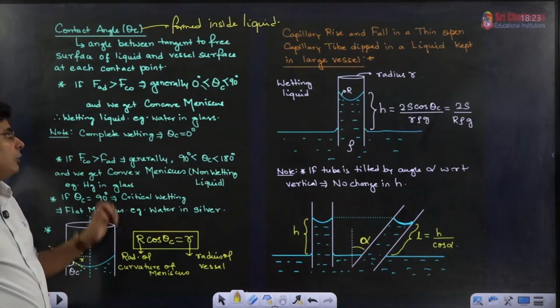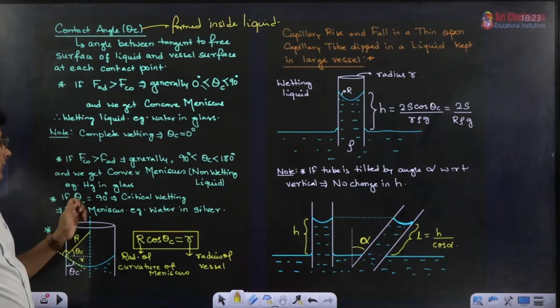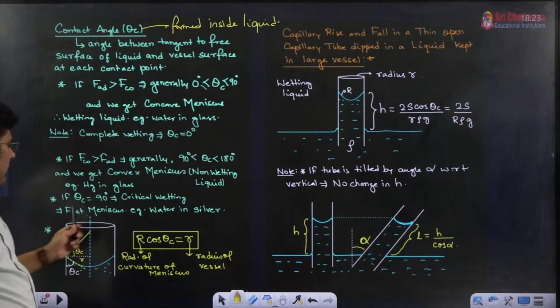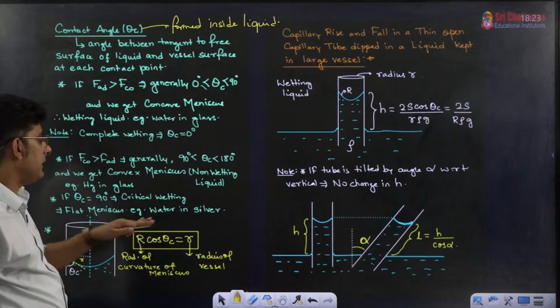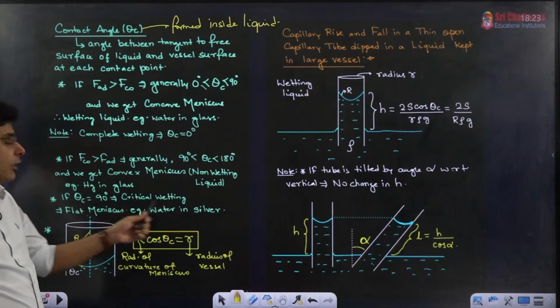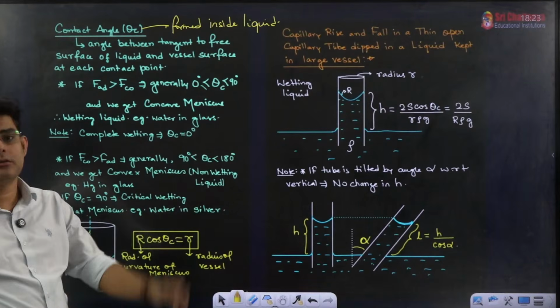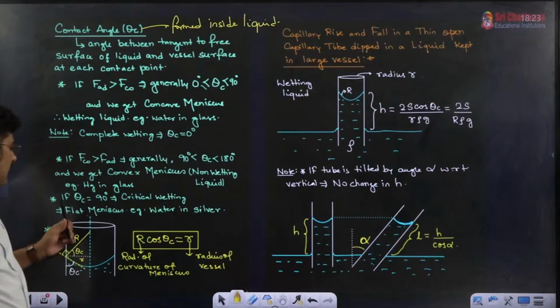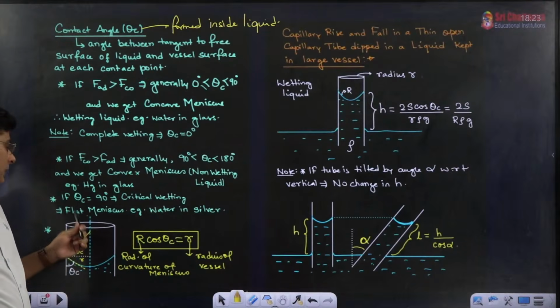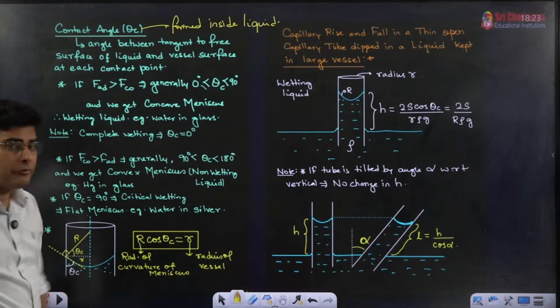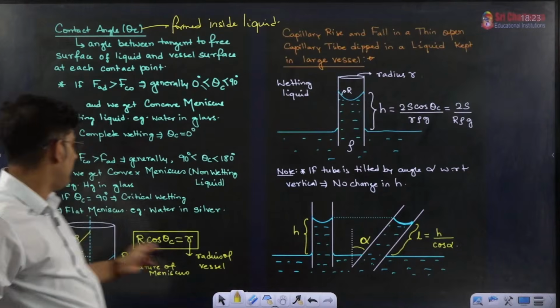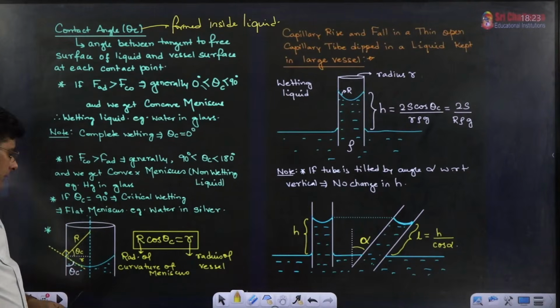Example, mercury in glass. Water in glass is wetting, mercury in glass is non-wetting. If theta c is 90 degree, it means flat. Flat is called critical wetting, neither sticking nor getting away, neither hydrophilic nor hydrophobic. An example is water kept in a silver vessel, which is found to have critical wetting.